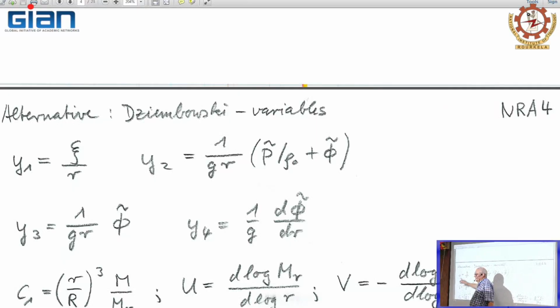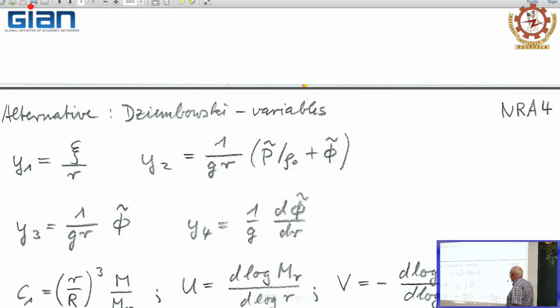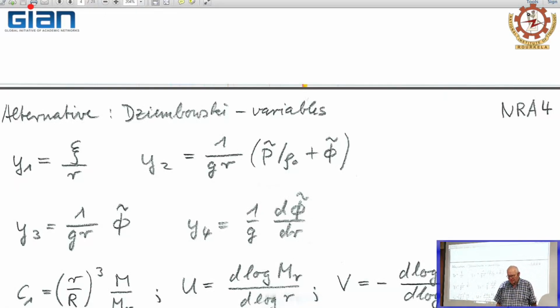The y1 is essentially the Lagrangian displacement. The y2 is something like the second variable of Ledoux and Wallraven. I remind you, P tilde over rho naught was essentially the Ledoux-Wallraven variable. He adds another term by using the potential, the Eulerian variation of the potential.